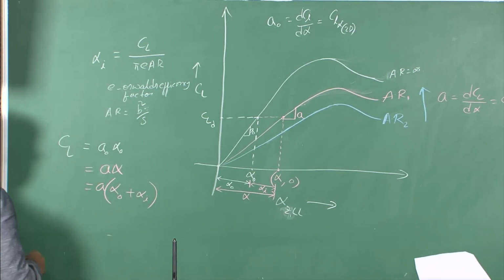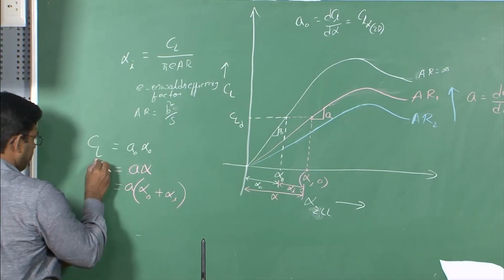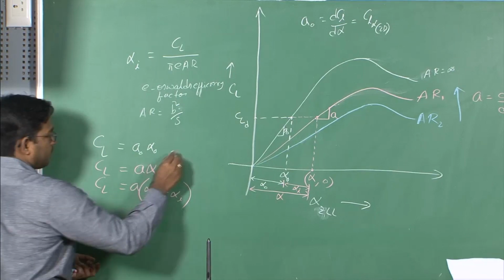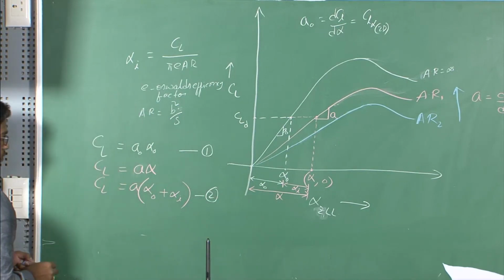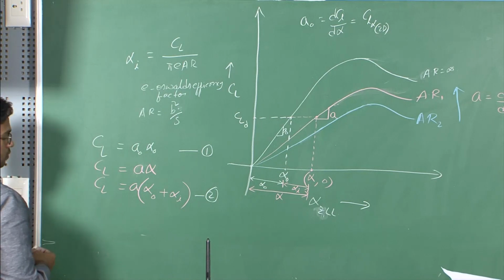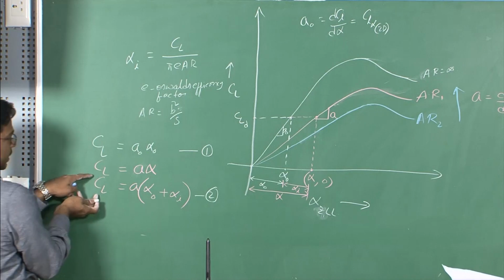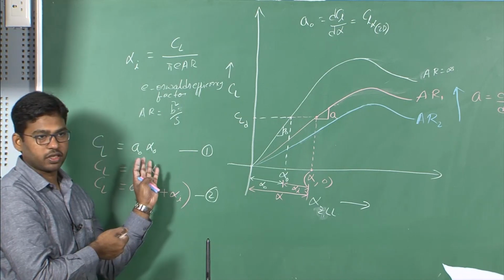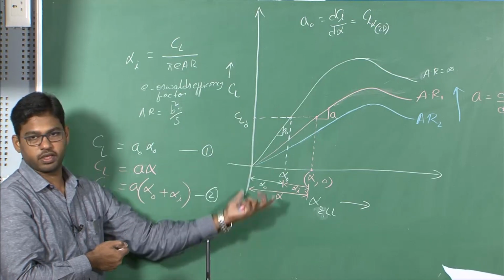Right. So say this is my equation 1 and this is my equation 2. Now comparing 1 and 2, since we are producing that same design CL by using an aerofoil and a wing, the lift is the same in either case.